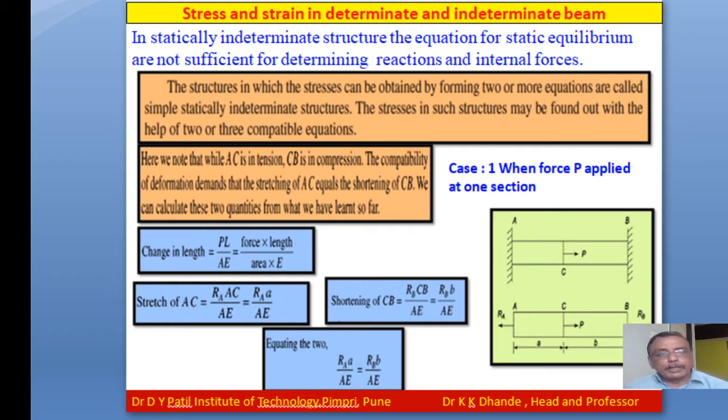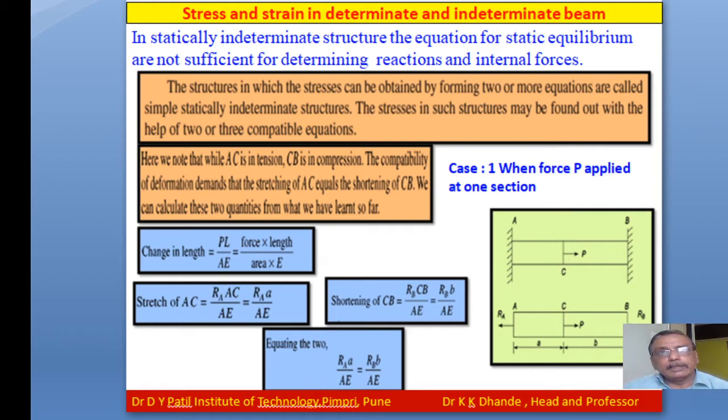Now, the first point is stress and strain in determinate and indeterminate beams. In statically indeterminate structures, the equations for static equilibrium are not sufficient for determining the reactions and internal forces.